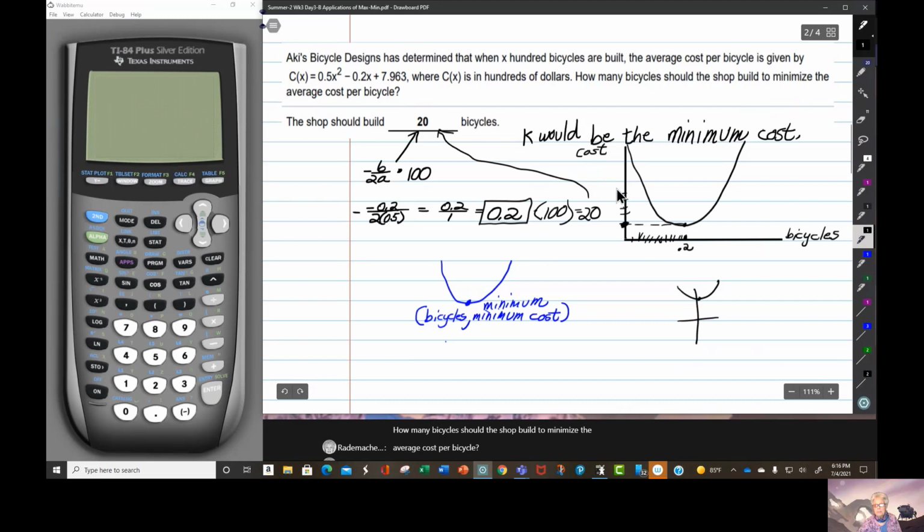Well, this is a cupped up parabola, so you're going to be finding the minimum cost. Cost is acting like the y coordinate. Here's your cost. And bikes, B-I-K, phooey.